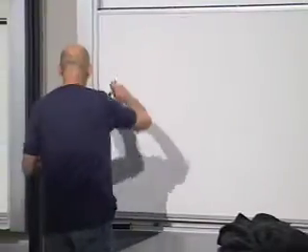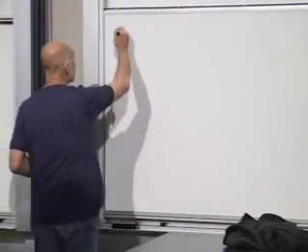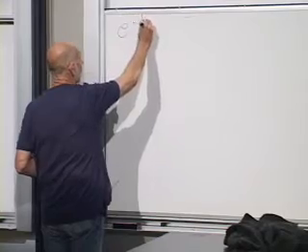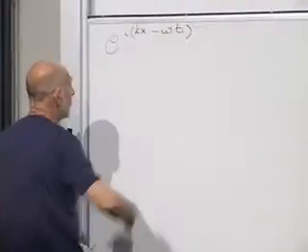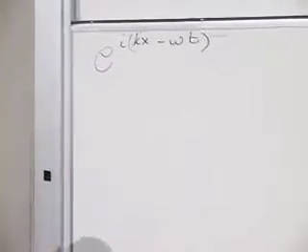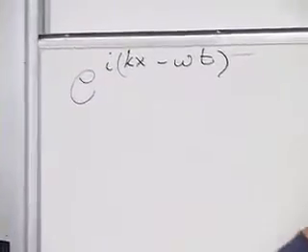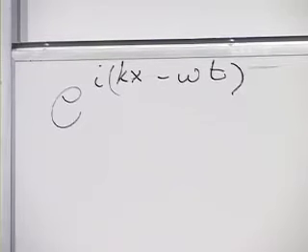Before I do, let's just write a function on the blackboard. Good old e to the i(kx minus omega t). If k and omega are positive, or let's not say they're positive, let them be anything for the moment.